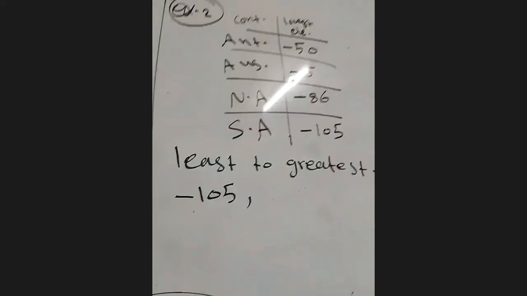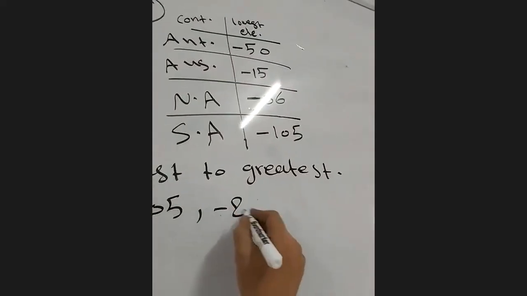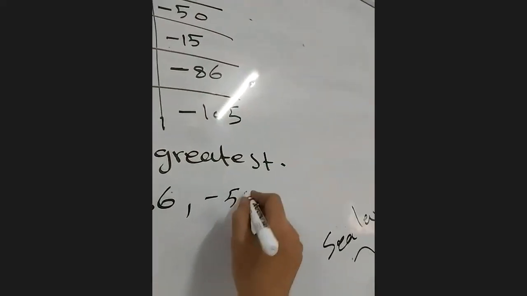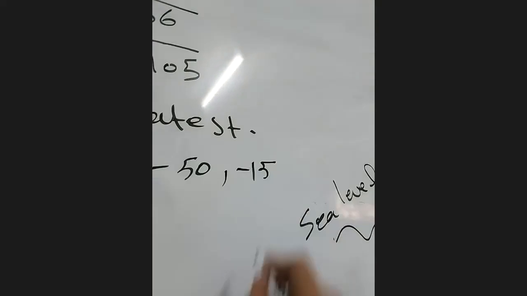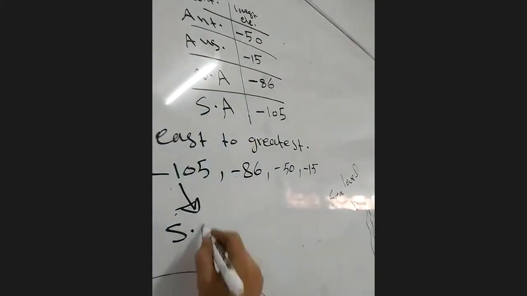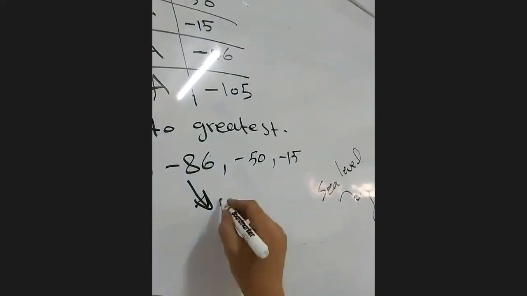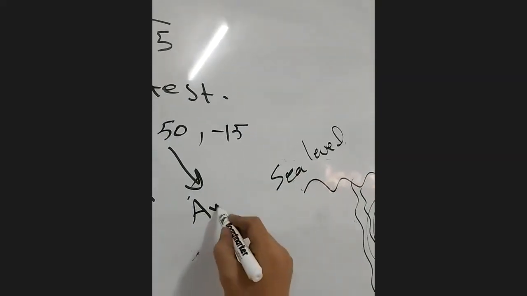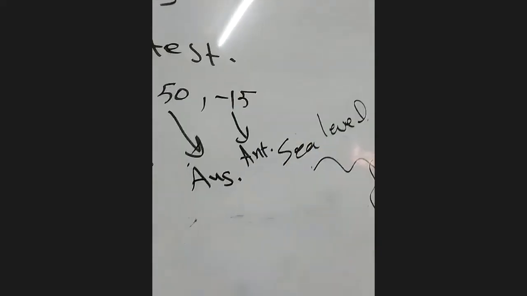Then negative 86, then negative 50, then negative 15 is the greatest, right? Negative 105 for South America. Negative 86 for North America. Negative 50 for Australia. And negative 15 for Antarctica, right?